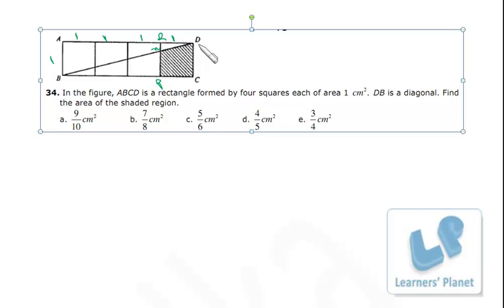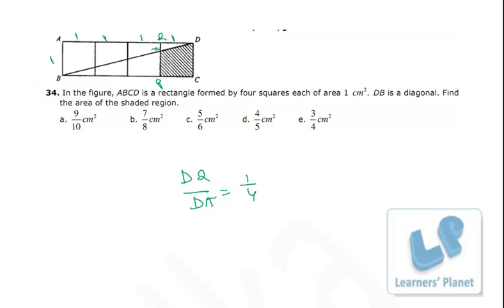Now DQ is 1/4 of DA, or we can say DQ by DA is 1/4. Since the triangles are similar, these sides should also be in the ratio 1:4. So x by 1 is equal to 1:4, because this is 1, so x is equal to 1/4.